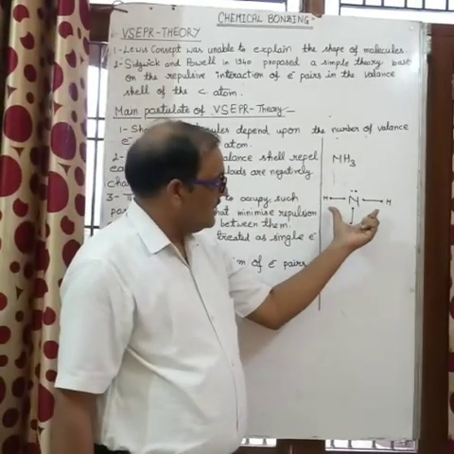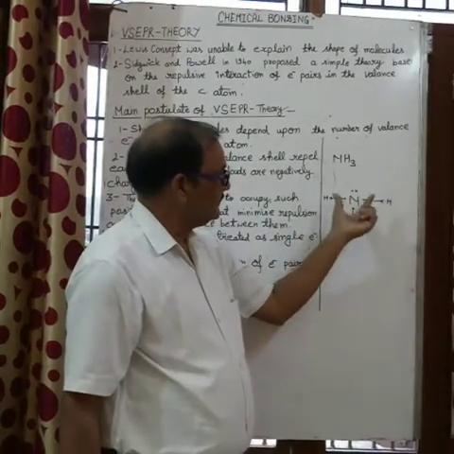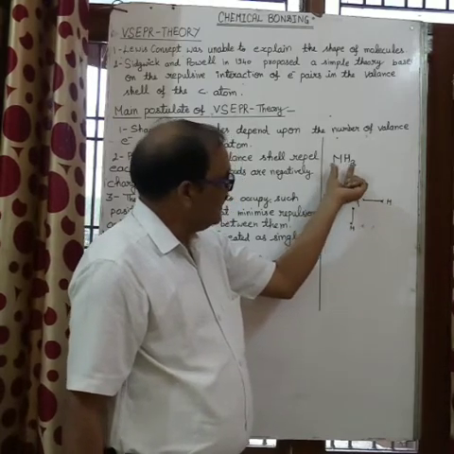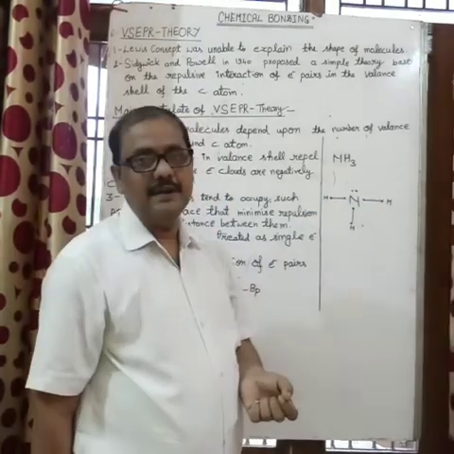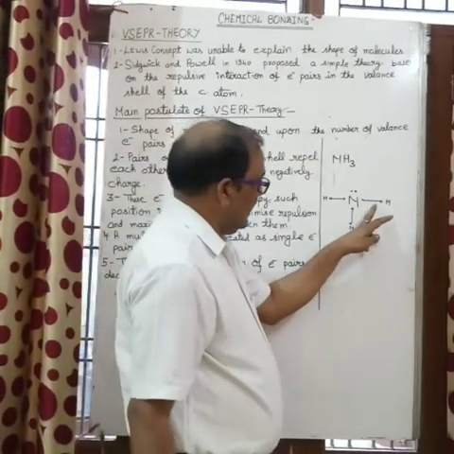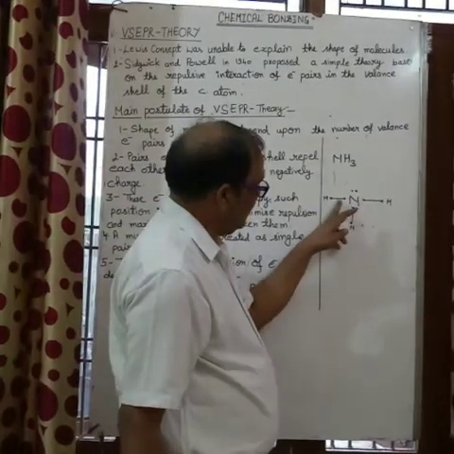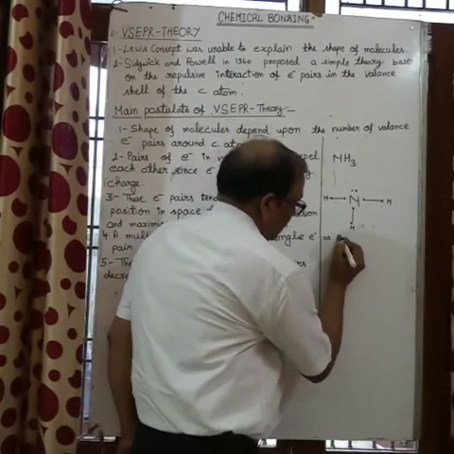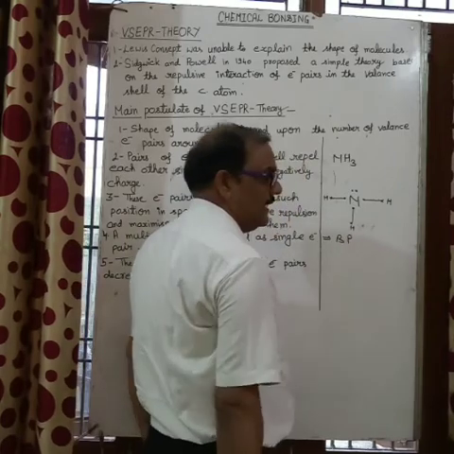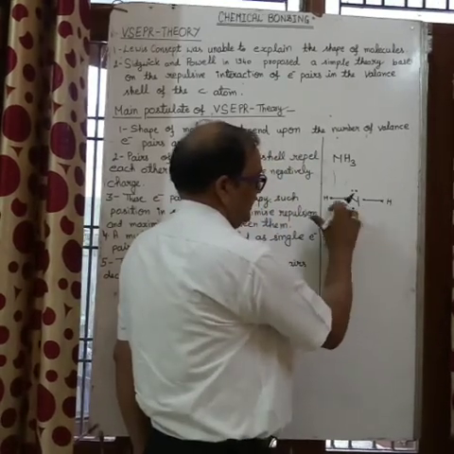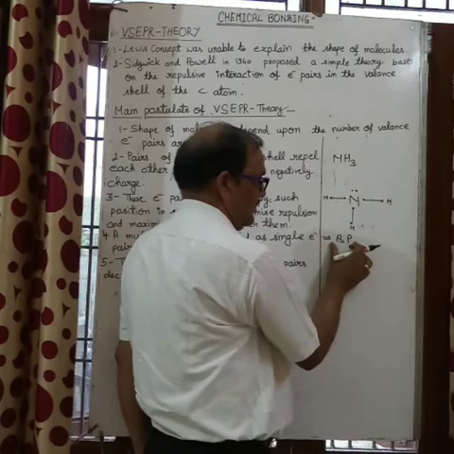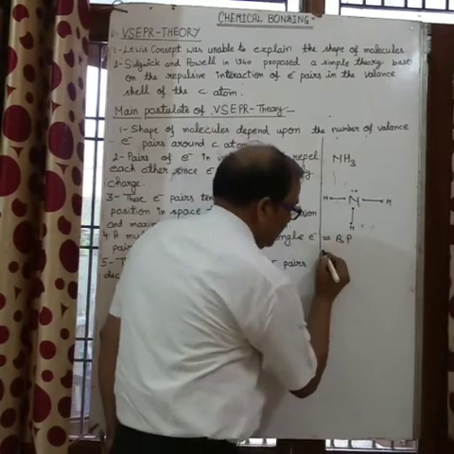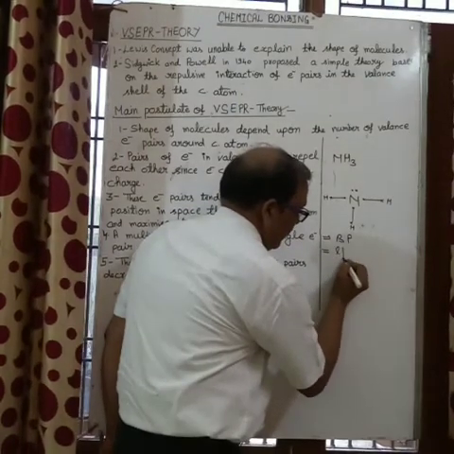For example, NH3. In NH3, nitrogen is the central atom and hydrogens are the surrounding atoms. There are 1, 2 and 3; these are the bond pairs or bonding electrons, and this is the non-bonding electron, that is the lone pair electron.